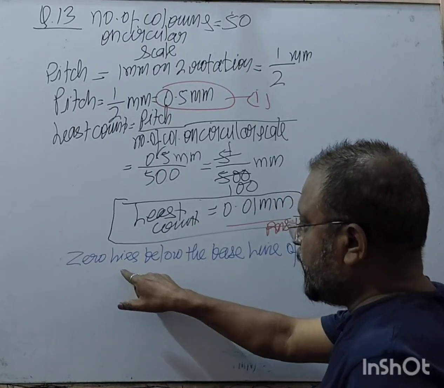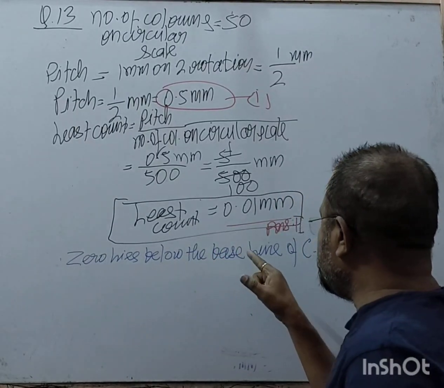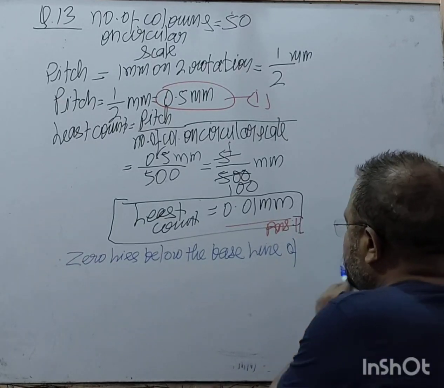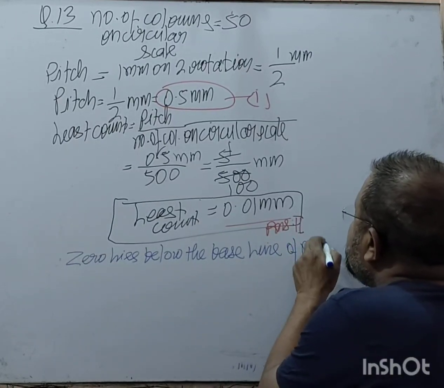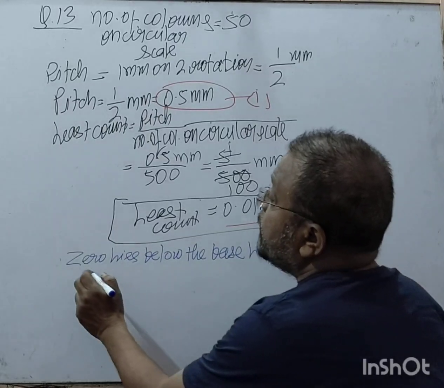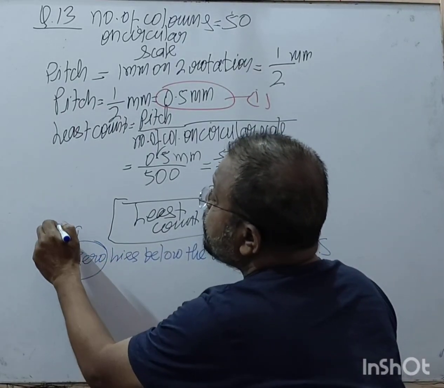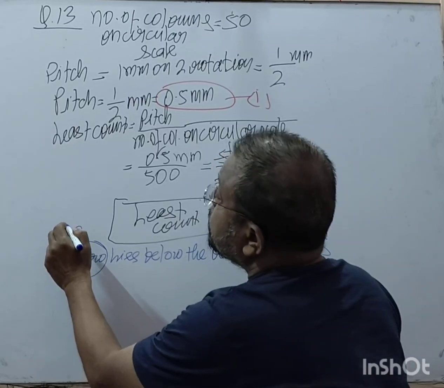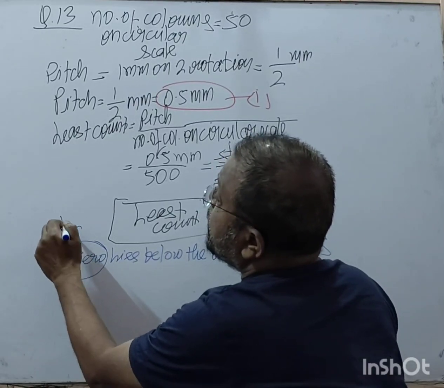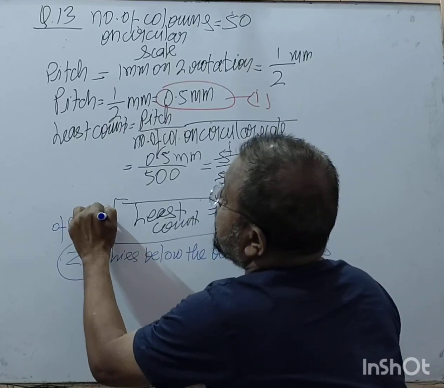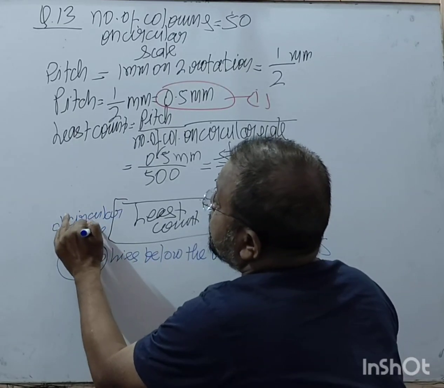On the main scale, 4 divisions, so this 0 belongs to 4 division, the 0 of the circular scale, right?